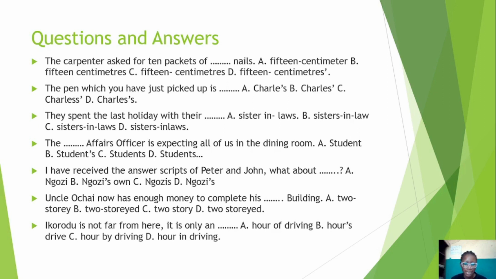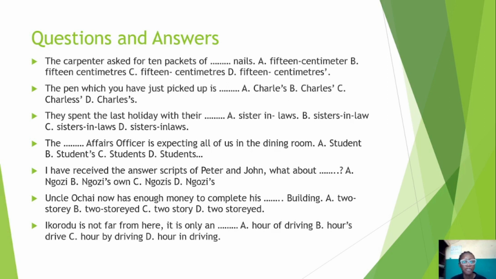D, sisters hyphen in-laws. The correct option is option B, sisters-in-law, with sisters, hyphen, in, hyphen, law. They already suggest that we are not referring to just one person. That's why we have sisters in plural.